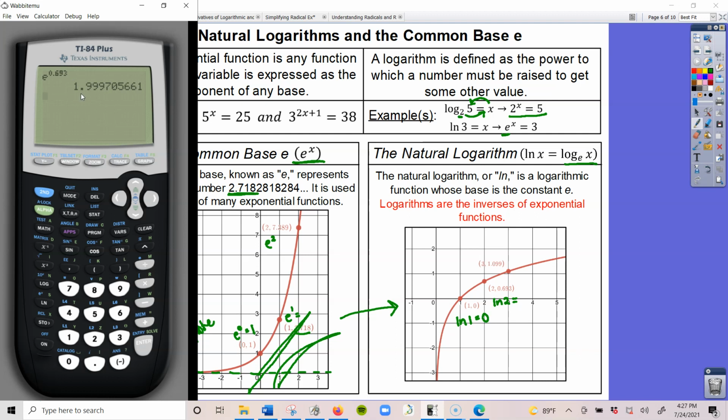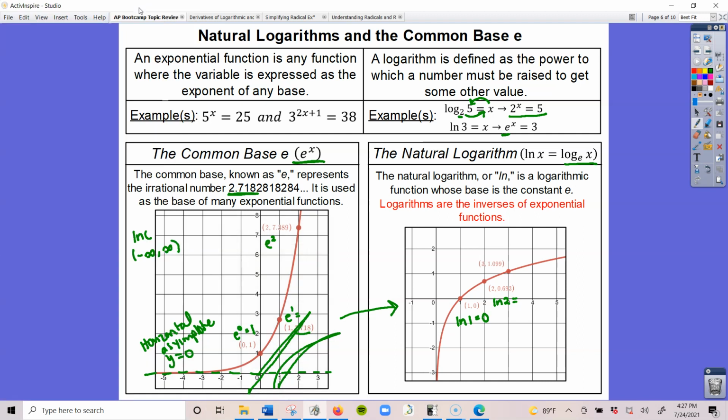And as you can see here, we get 1.9997, etc. But this is a rounded number, so we're not going to get an exact 2. If I round 1.9997, I would get 2. So that's why that's the y value. And then here the ln of 3 is equal to 1.099, and that's because e raised to 1.099 would give you a rounded number of 3.